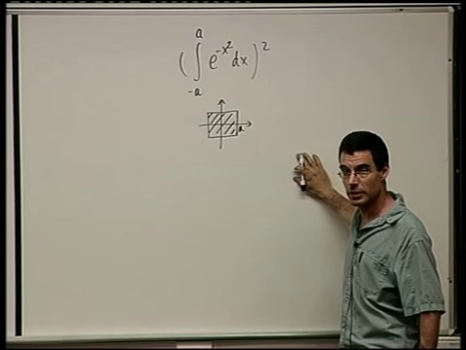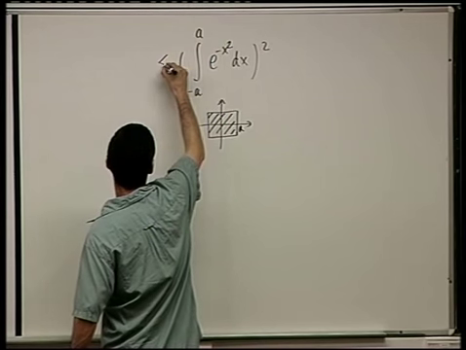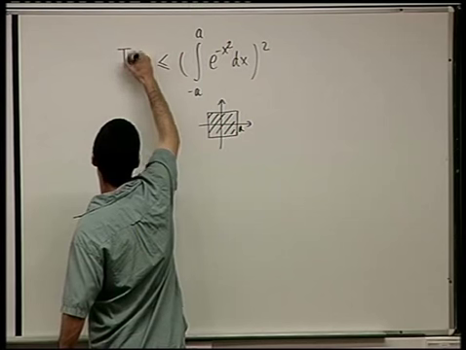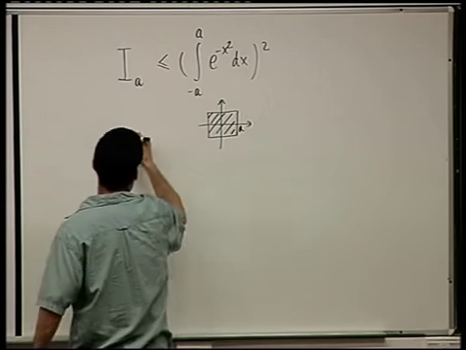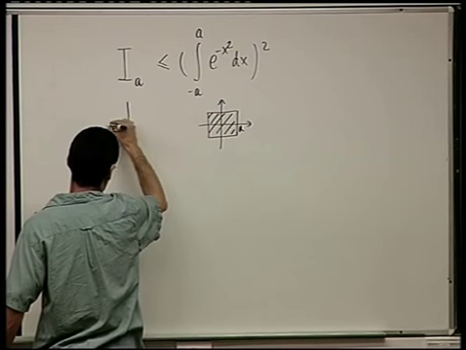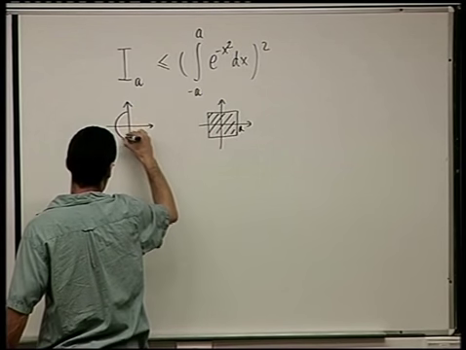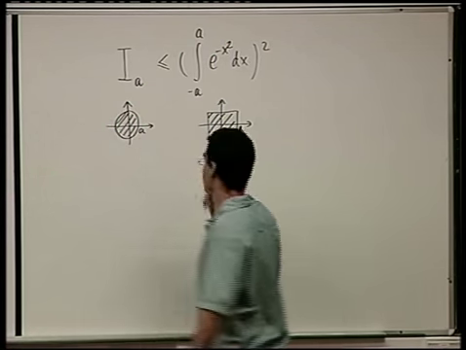That was this thing, right? Do you agree that this thing is greater than or equal to I_a? What was I_a? I_a was the integral of the same function over this domain, a circle of radius a.